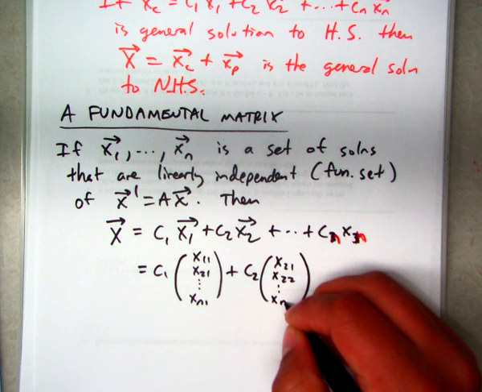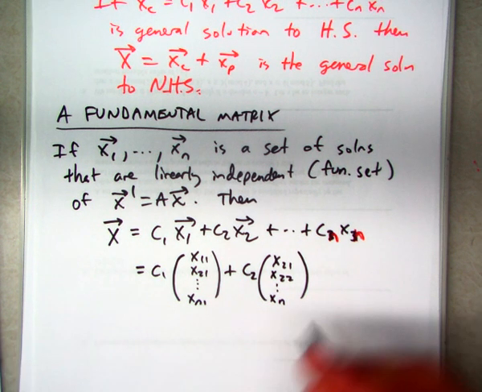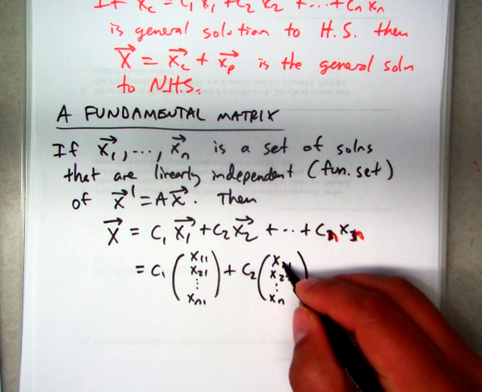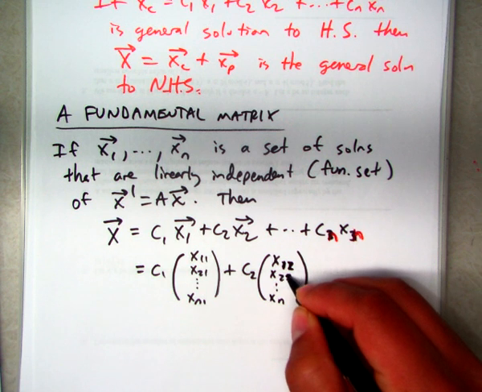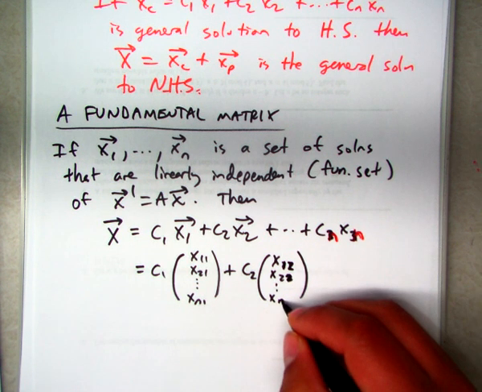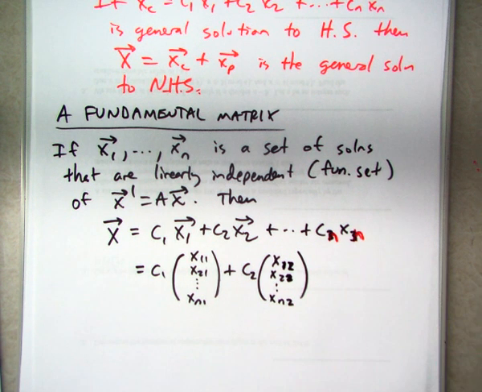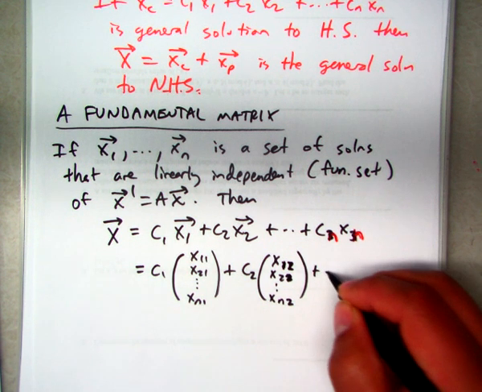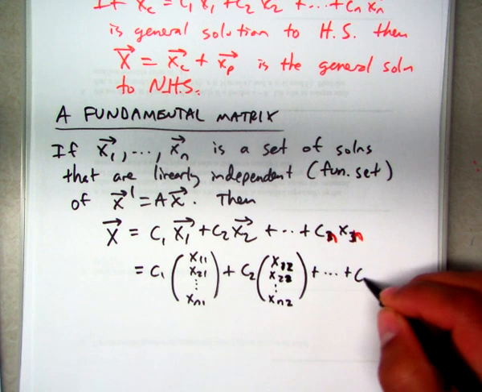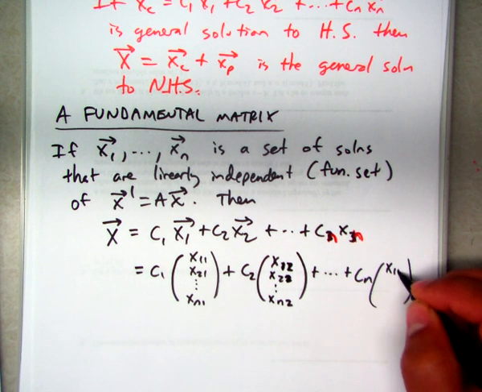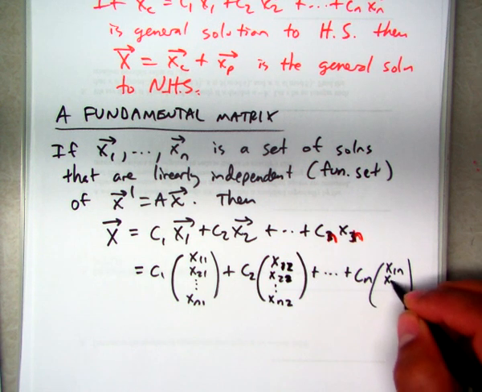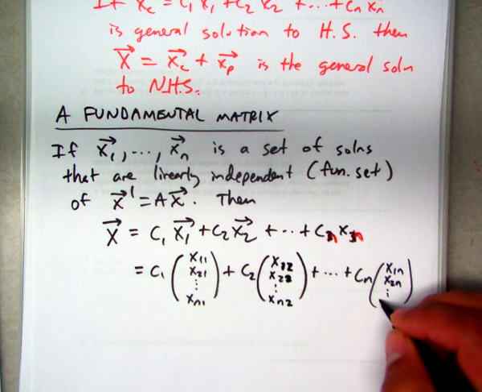Oh, whoops. I'm messing up left and right today. This should be 1, 2, 2, 2, and n2. Plus C sub n. And then first row, nth column. Second row, nth column. Nth row, nth column.